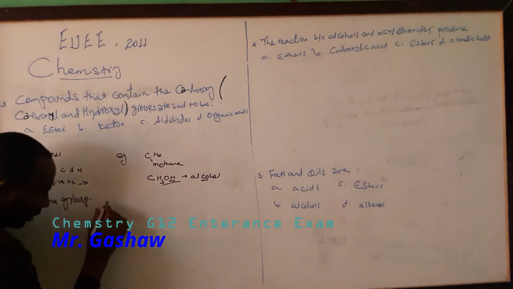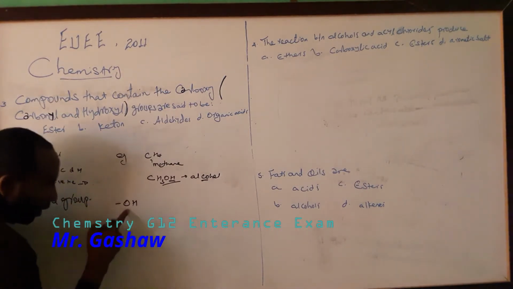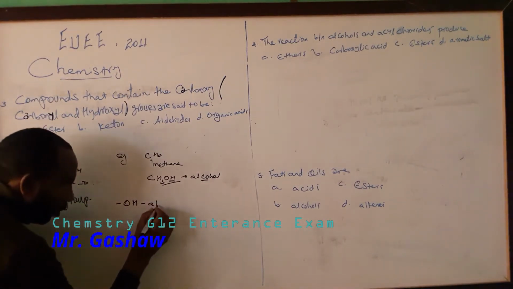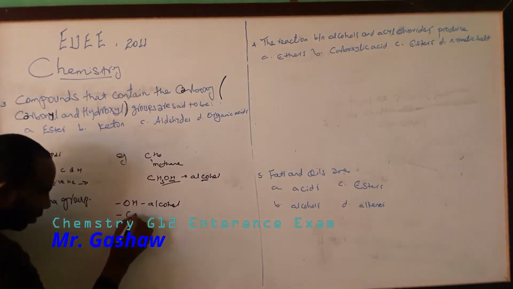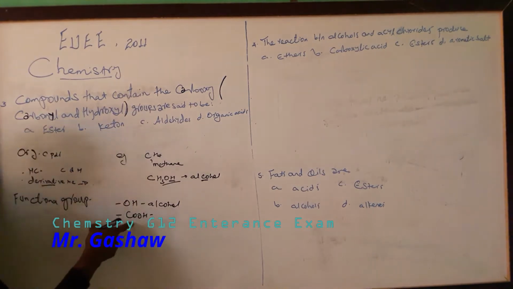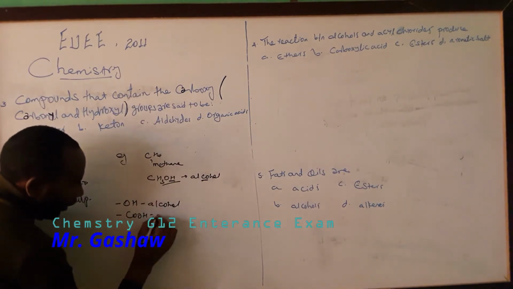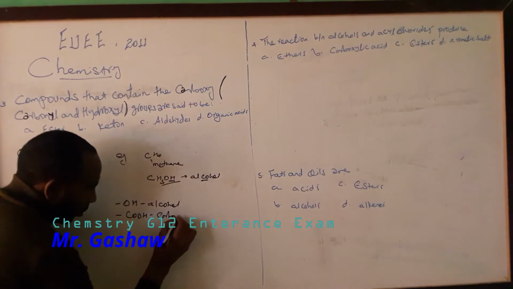For example, here it is OH. This one is the functional group for alcohol. COOH is the functional group for carboxylic acids.